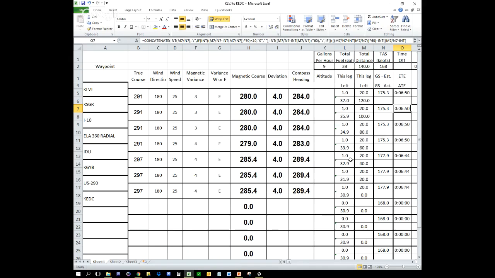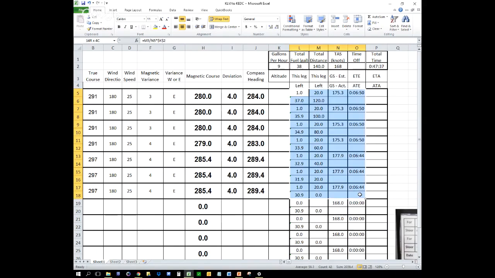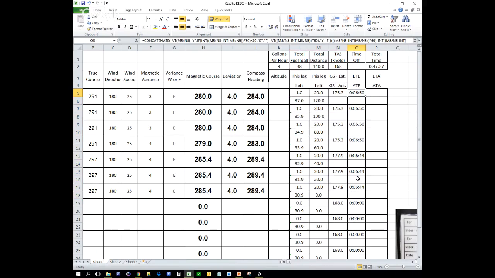And so you have to make adjustments to your inaccuracies, because this is just a plan, right? It's not perfect. You're not going to get there at exactly 6:50. It might be 7:30 or 9 minutes. And so the closer your waypoints are, the less dramatic your course errors will be.